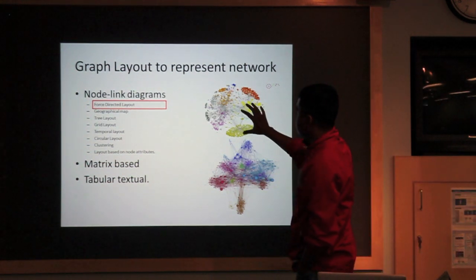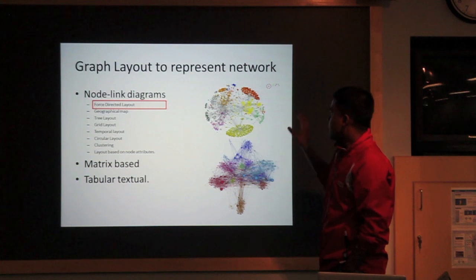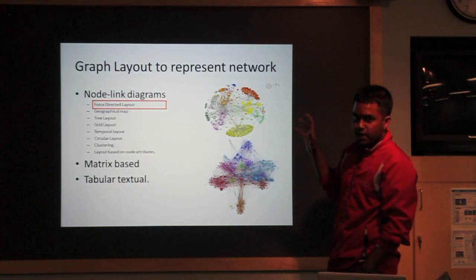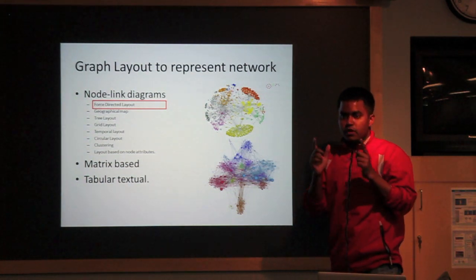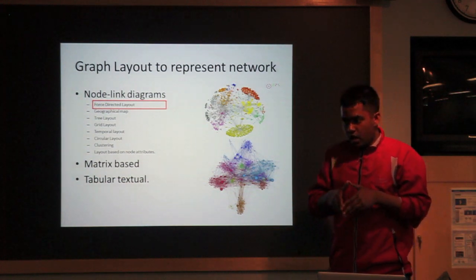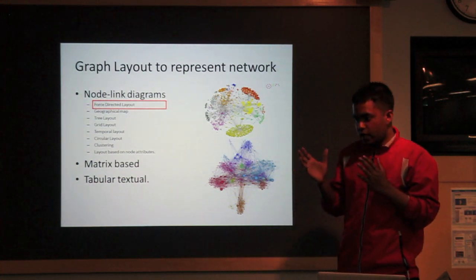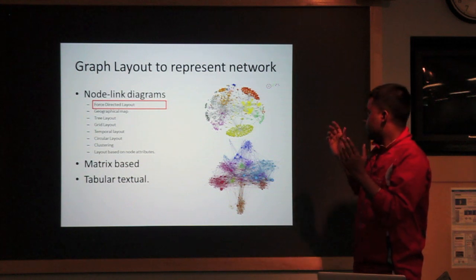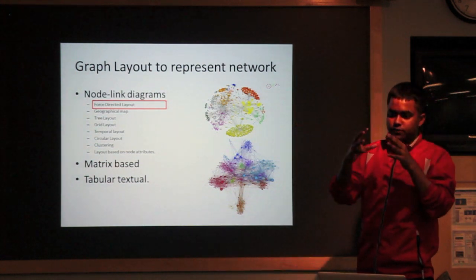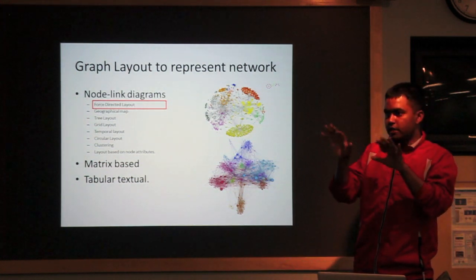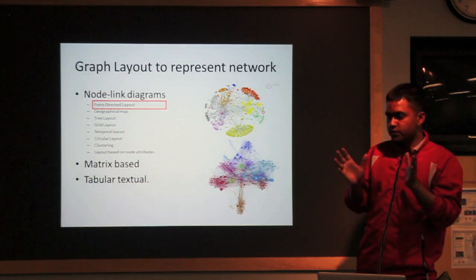Here, in the force-directed layout, every node is considered as a charged particle, and the edge between them is considered as a spring. So it actually works as Coulomb's law and Hooke's law. The nodes that are connected have an attraction force between them, and those nodes that are not connected have some repulsion force.